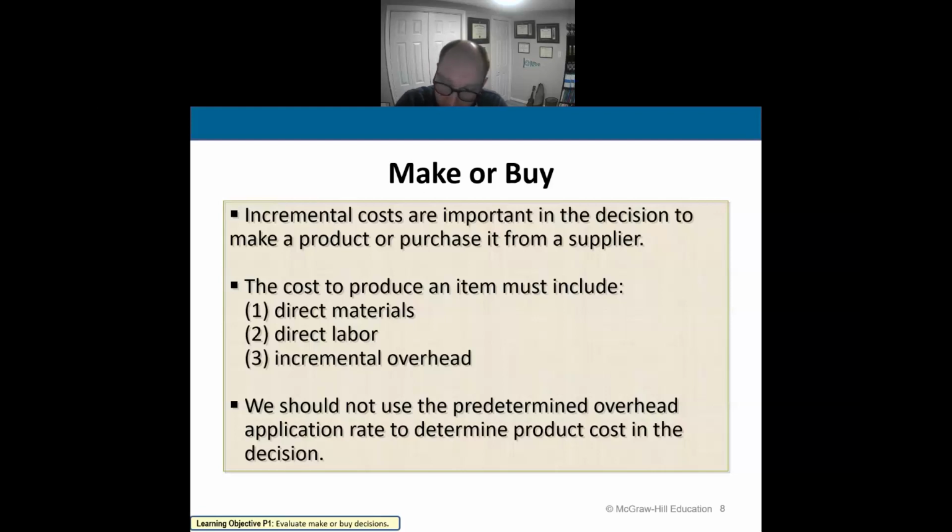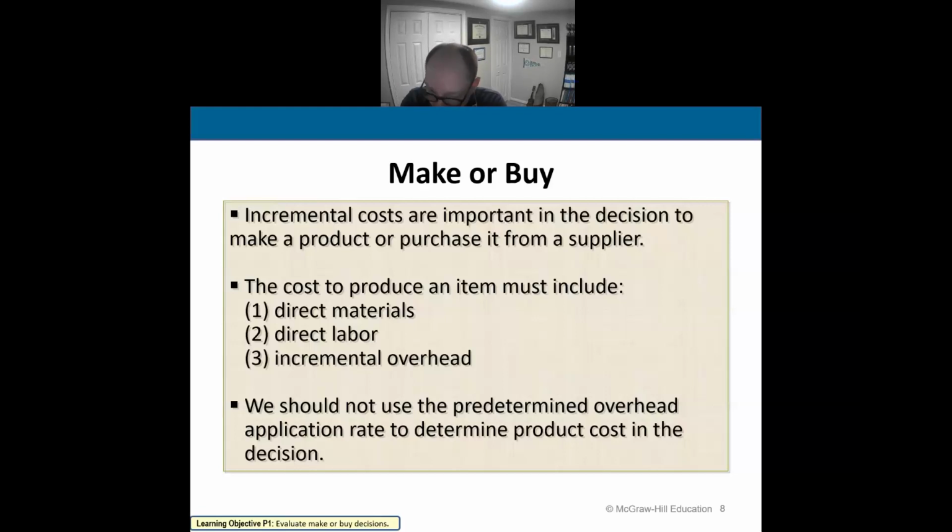So the cost of making a product: direct labor, direct material, factory overhead. The cost of buying a product is the cost of the product, right? To purchase it from your vendor. So the decision part: alternative one, do I make the product? Alternative two, do I buy the product?